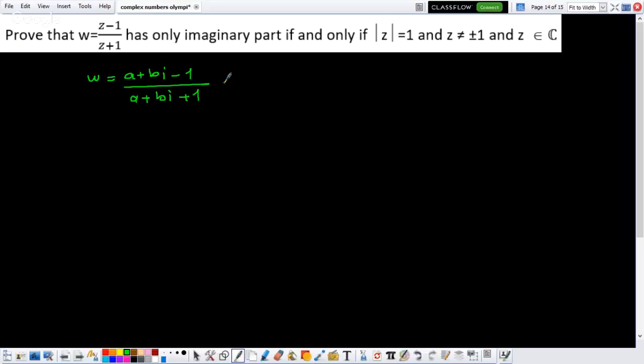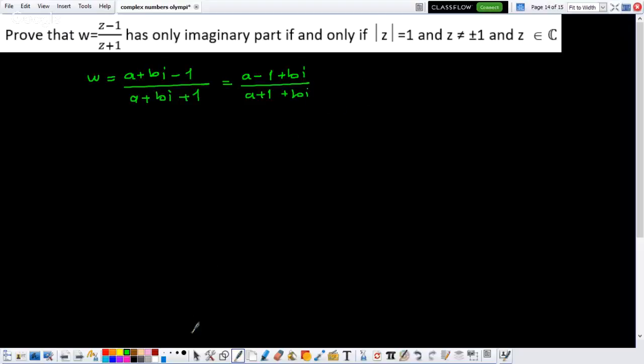So first I'm going to accept that this has only imaginary part. So I need to rationalize this one. And here the term is actually A minus 1 plus BI over A plus 1 plus BI.